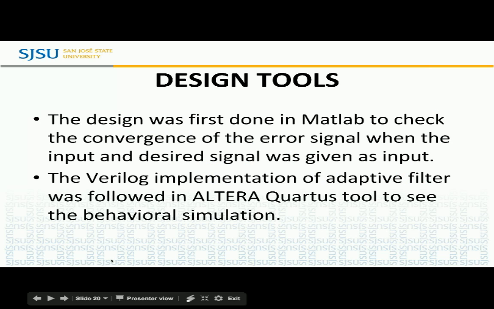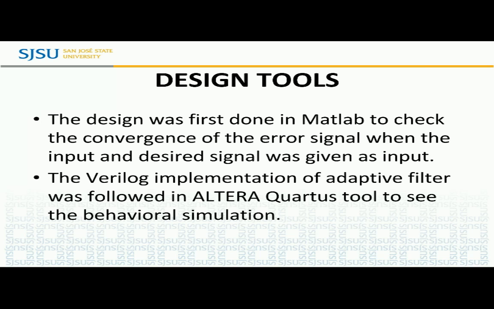First of all, I checked the convergence of the error signal in MATLAB. I wrote one code, and the implementation showed how the error signal gets converged.